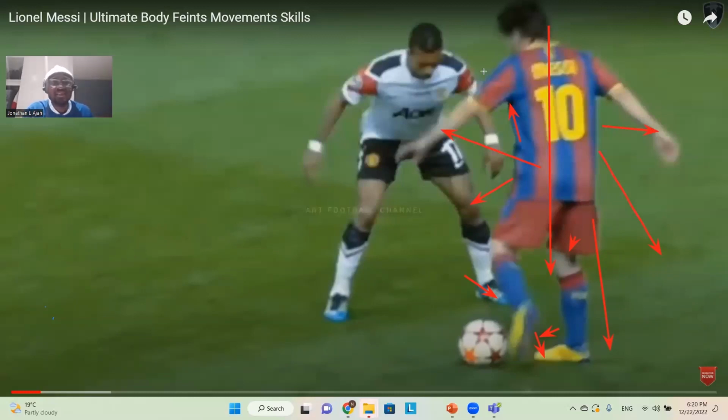Next, he needs to get support of his center of gravity, like the wings of an aeroplane. And how to do that is he needs to abduct as well as flex his left upper limb, and also extend and abduct his right lower limb.